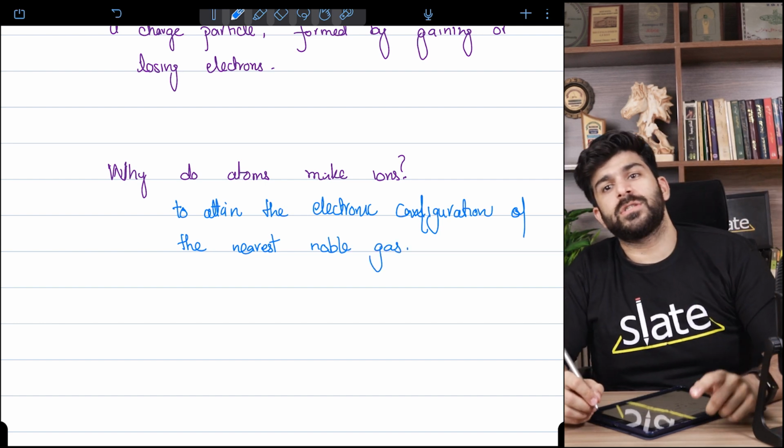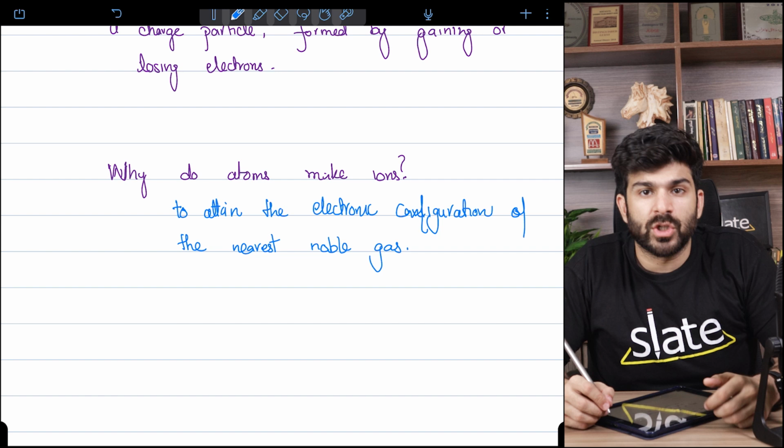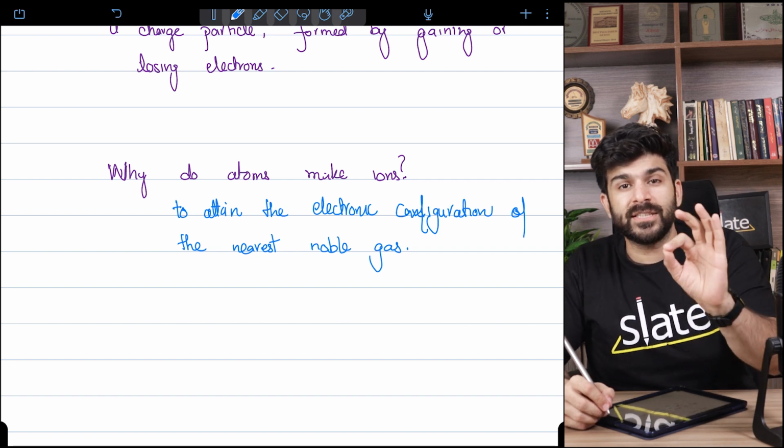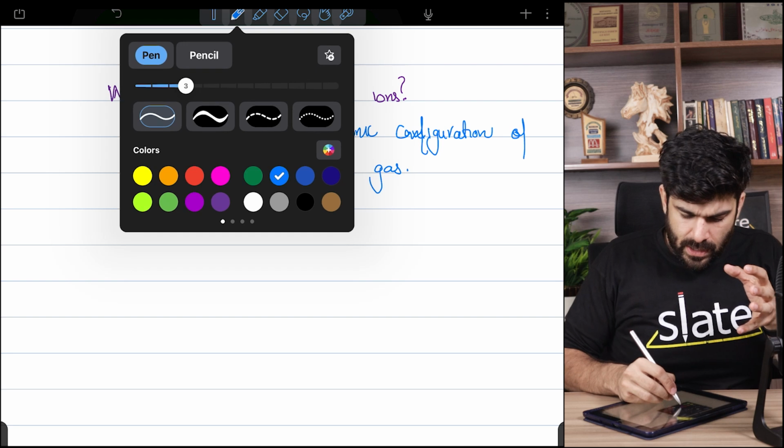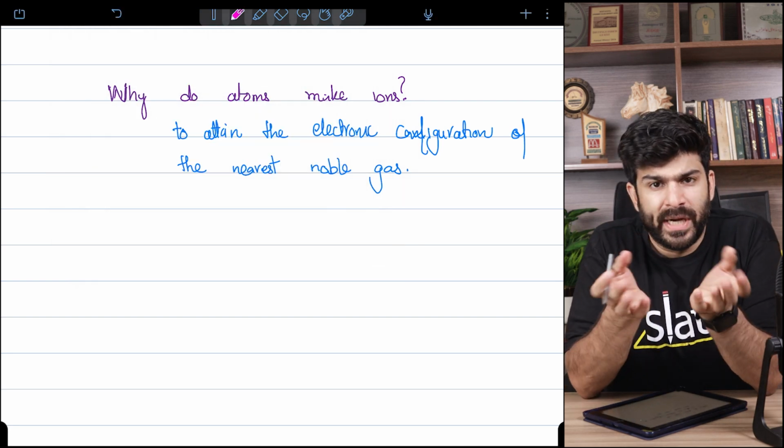So they make ions to attain the electronic configuration of the nearest noble gas. Nearest is important there.